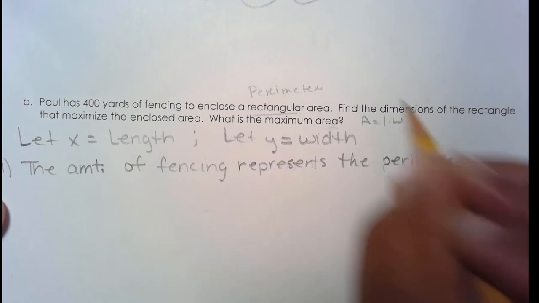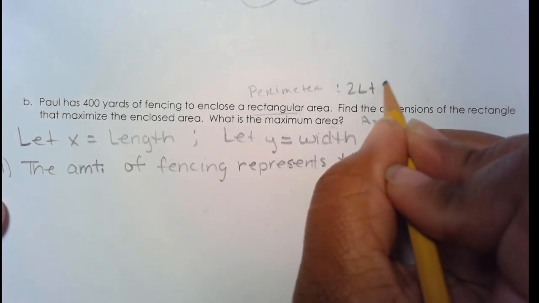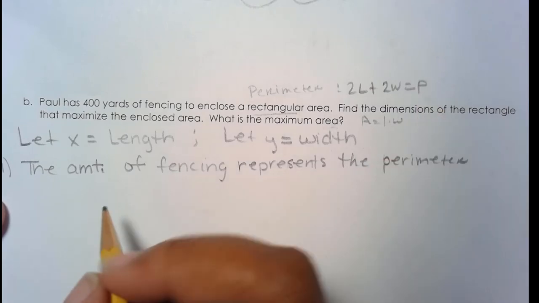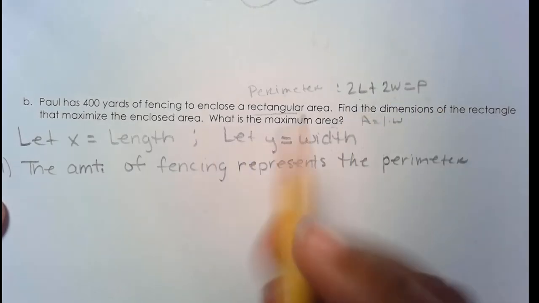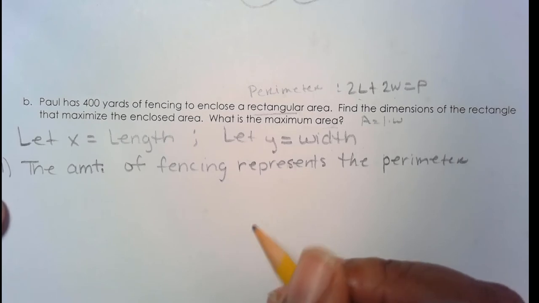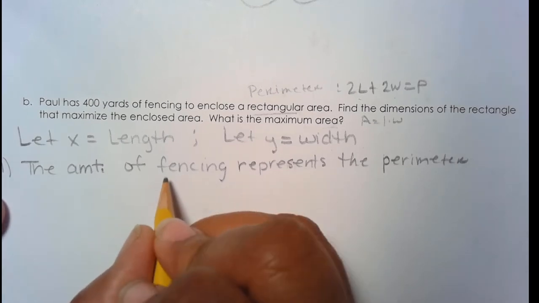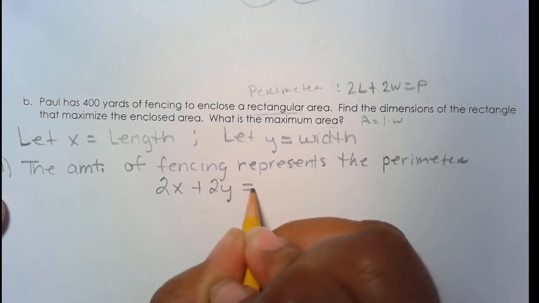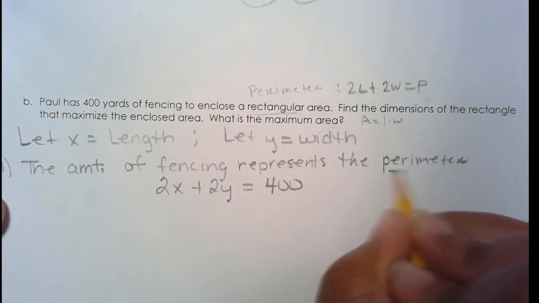Now remember, the perimeter is twice the length plus twice the width is equal to P. So instead of using L and W, we're going to use X and Y. So our perimeter is 2X plus 2Y equals 400. That's our perimeter.